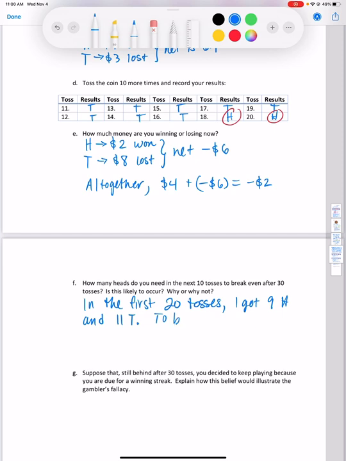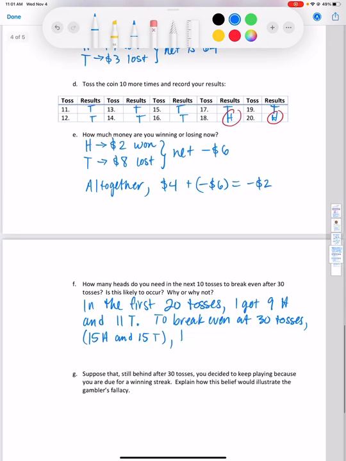To break even at 30 tosses, which means that I would need 15 heads and 15 tails, we need 9 to 15 makes 6 heads, and from 11 to 15 is 4 tails. Okay.